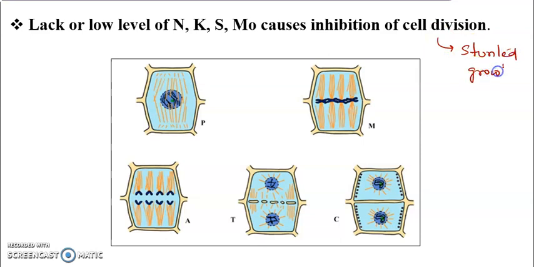If cells divide continuously, especially in the apical buds, then only the plant will grow tall. If the buds are not dividing properly, if the meristematic areas are not dividing properly, and there is an inhibition of cell division, then there will be no growth, and stunted growth is an indirect result of the inhibition of cell division.